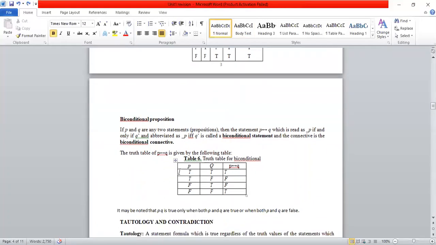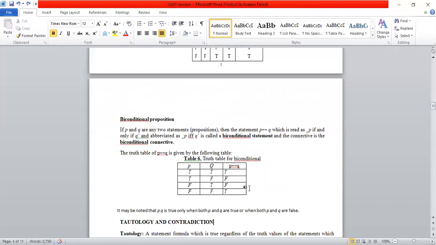Here in biconditional proposition, if P and Q are any two statements, then the statement we read as P if and only if Q, or you can also read it as P biconditional Q. It can be abbreviated as P iff Q, is a biconditional statement and the connective is the biconditional connective.